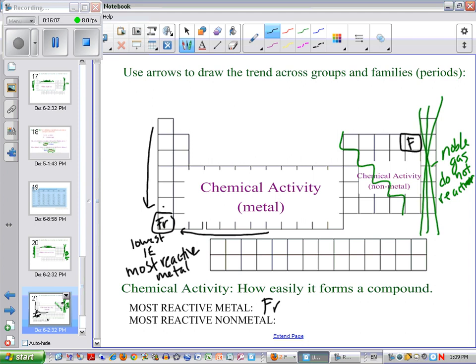Fluorine is going to have the highest electron affinity. Therefore, it'll pay a lot of money, in energy, of course, to get another electron. Therefore, it is the most reactive non-metal. And the closer you get to fluorine, the more reactive a non-metal is.